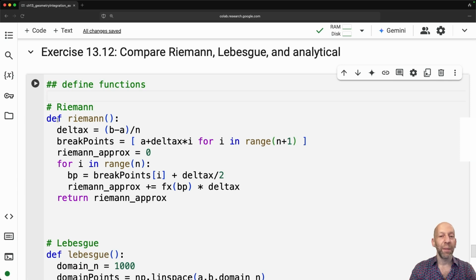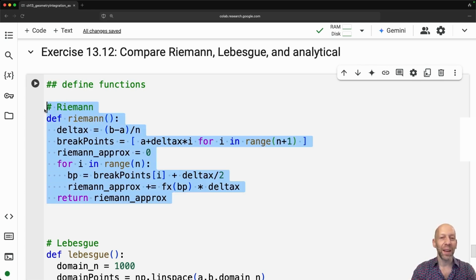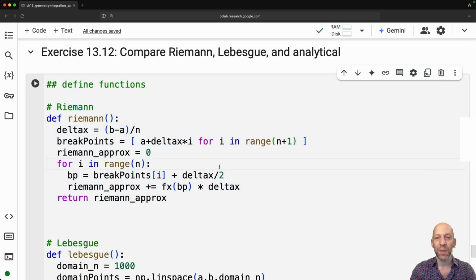So here I have a function for Riemann, and this is literally nothing new. All I'm doing is copying and pasting code from the previous exercise, or rather exercise 10, obviously eliminating all of the code for visualization. There's no visualization involved in this approximation.